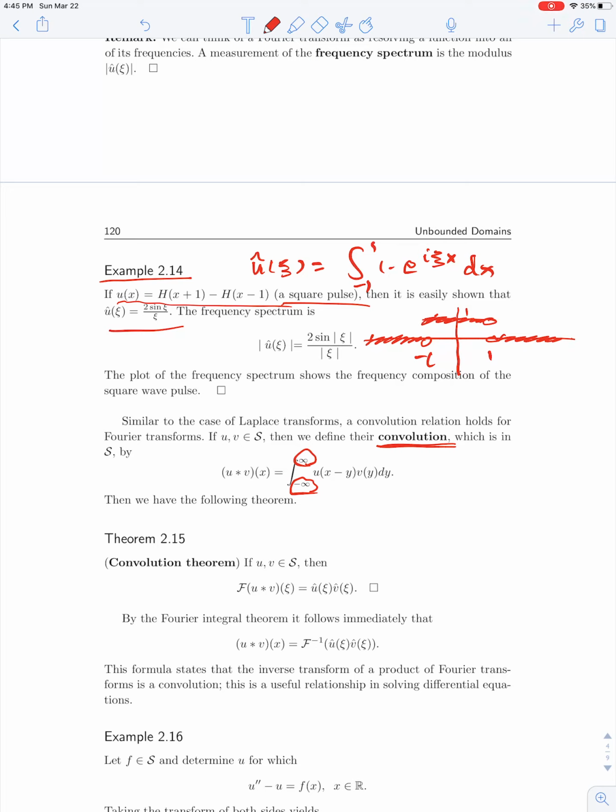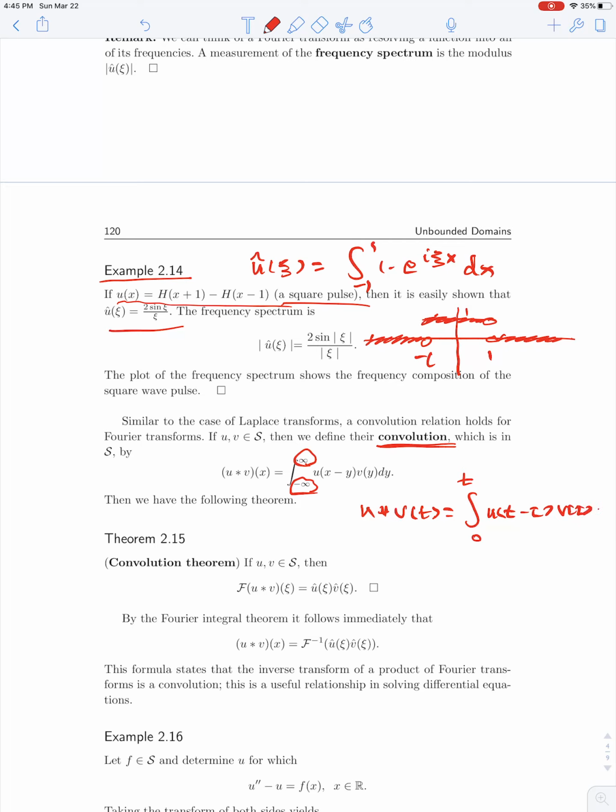Remember, in the Laplace transform case, the convolution of u and v at t is the integral from 0 to t of u(t - tau) v(tau).